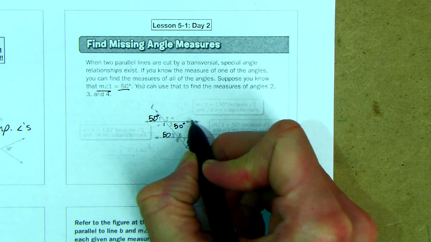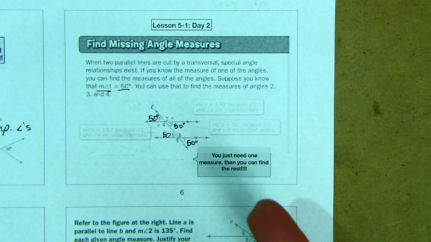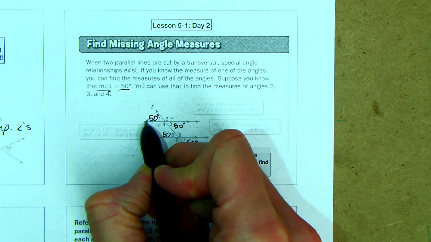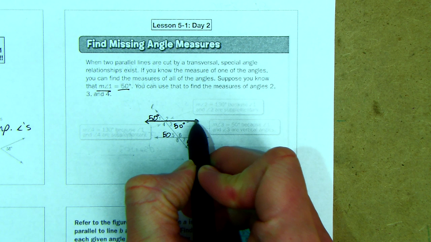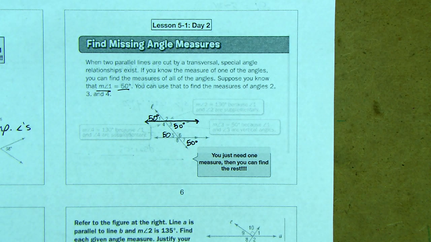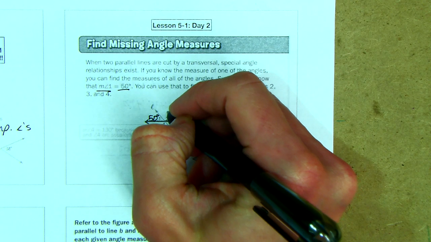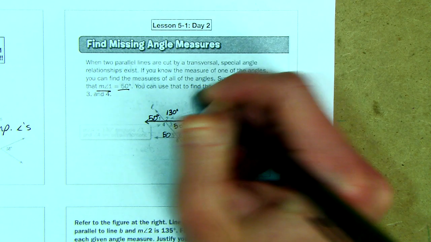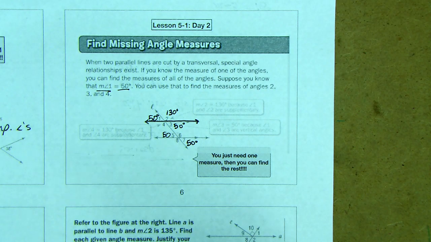Now how do we find the other 4? Well, let's go back to angle 1. Angles 1 and 2 make a straight line, and a straight line, remember, is 180 degrees. So if angle 1 is 50, angle 2 is 130 degrees. If angle 2 is 130, angle 4 is 130 because it's a vertical angle.